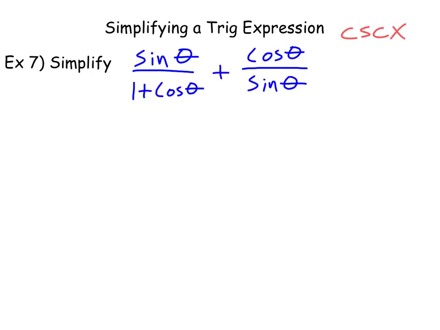If we can find an obvious trig identity to substitute, we should. This doesn't have either one of those. What this has is two fractions that I would like to add together.